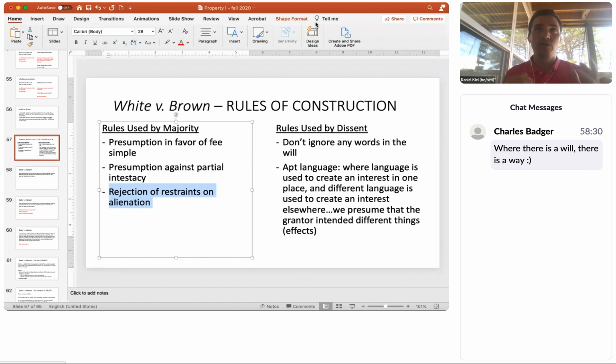So if it said to Evelyn and not to be sold, let's say outside the family or something like that. So there are situations in which partial restraints on alienation will be validated, but generally speaking, we disfavor restraints on alienation. They are rejected. They are not included.